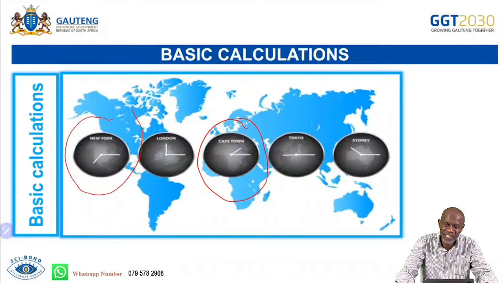Different regions of the world derive their time from different time zones or timelines that they are distributed on. This is just a demonstration of different clocks in different regions of the world, and this forms the basis of calculating time zones.